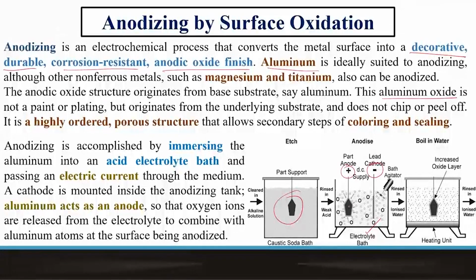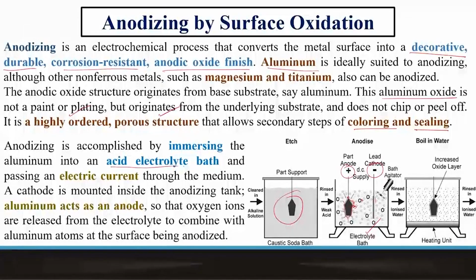So if this is aluminum, we expect aluminum to get dissolved, but before it can deposit onto the cathode, it can react with the anions present in the bath, typically the oxide ions, and form a thin oxide layer around it. And this alumina, or aluminum oxide, can be useful for coloring or sealing, and also as a protective layer. So it is both an ordered and at the same time porous structure.